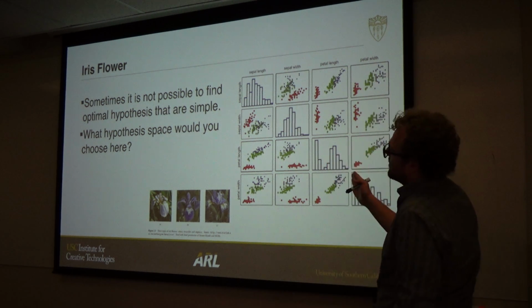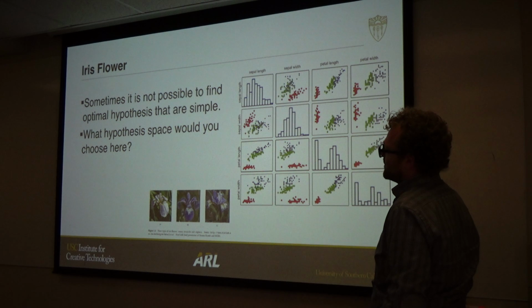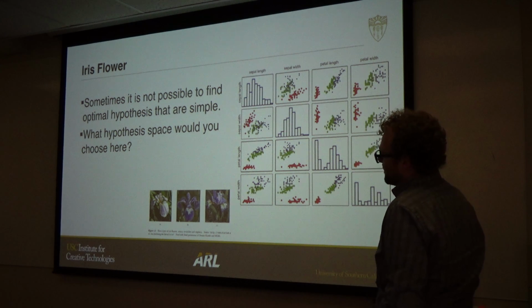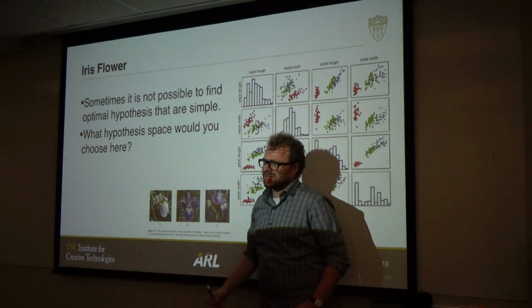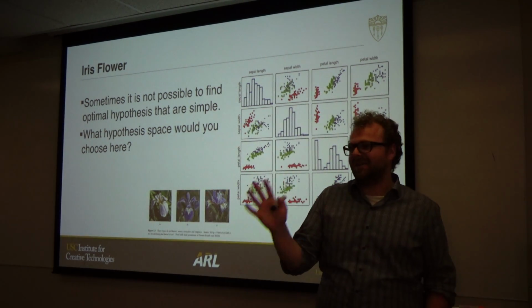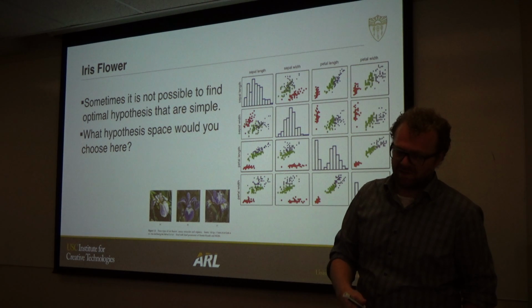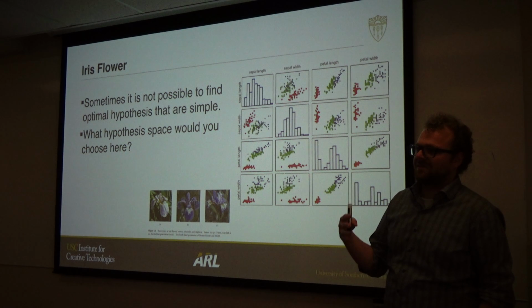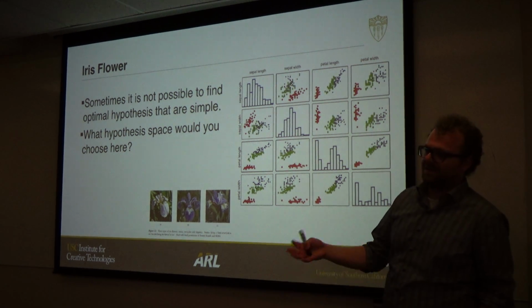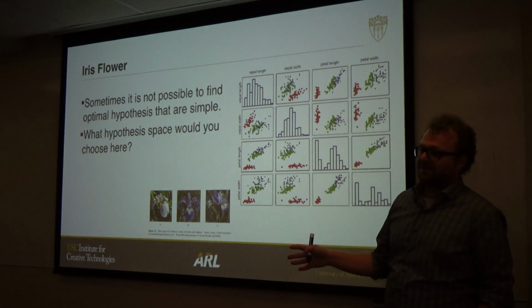So sometimes it's not possible to find an optimal hypothesis. That is very important. I think you should underline this. If your results in any exercise or class project or whatever give a result that does not have error equal 0, don't freak out.